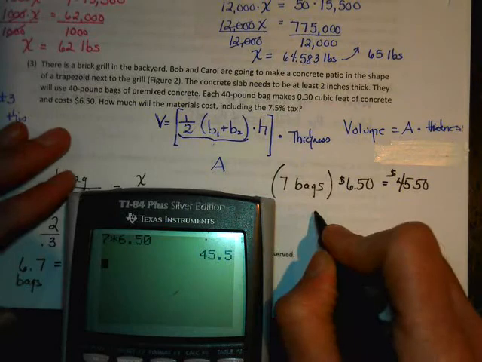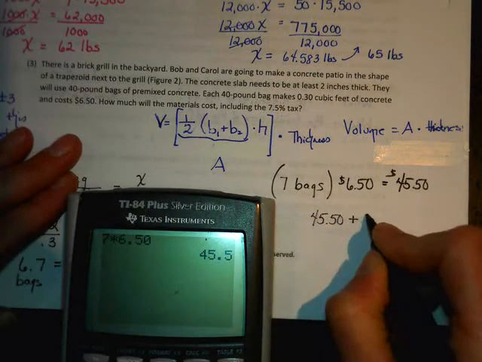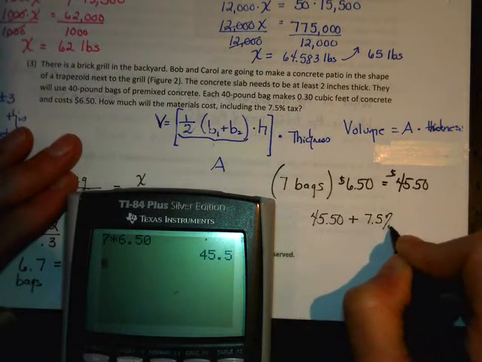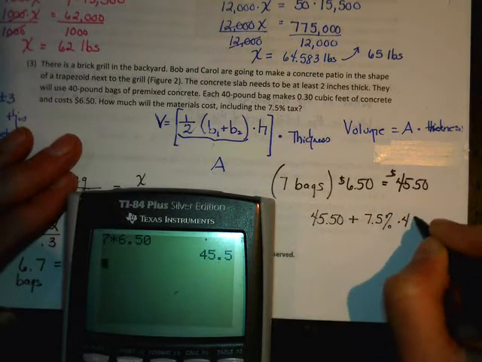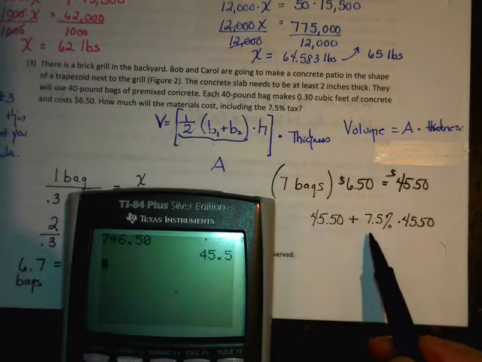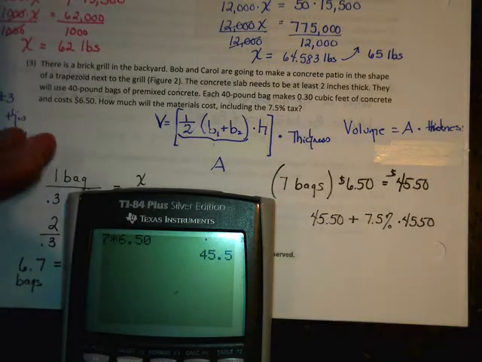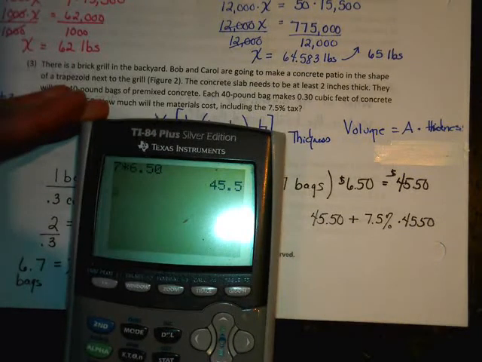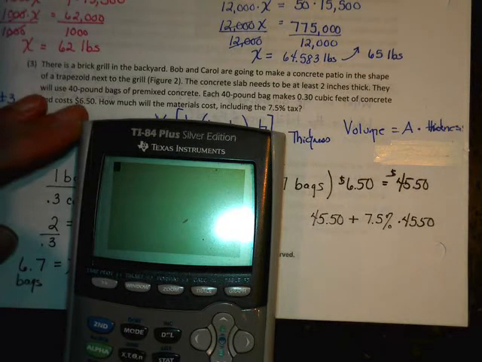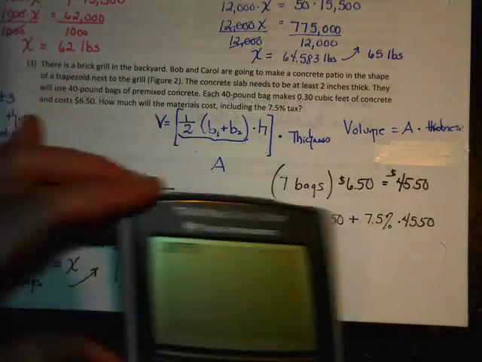So we have $45.50, and then onto that we're going to take 7.5% of that amount, and add it back in. When you do tax, you find your total, multiply the percent by that total, and then don't forget you have to add it back into the total. Right? Okay. So I have 7.5%. This calculator doesn't have a percent symbol, so I'm going to shift the decimal 2 places to the left to find my percentage. I don't like that glare. Sorry about that.